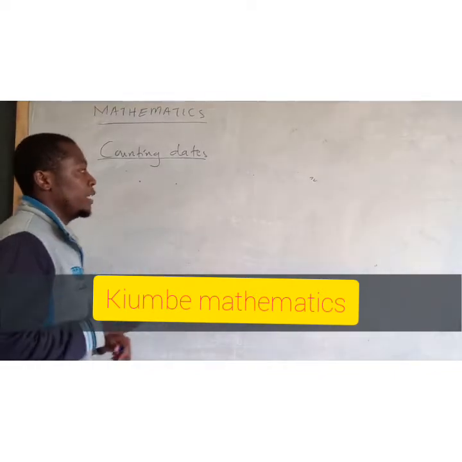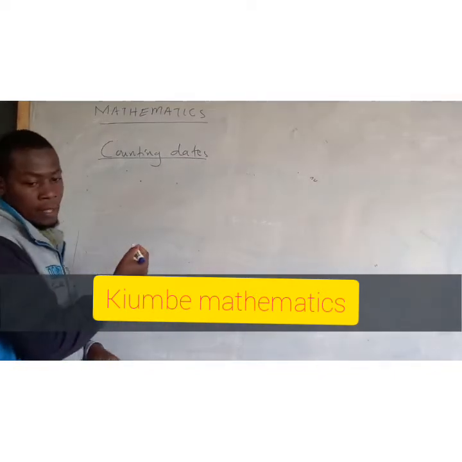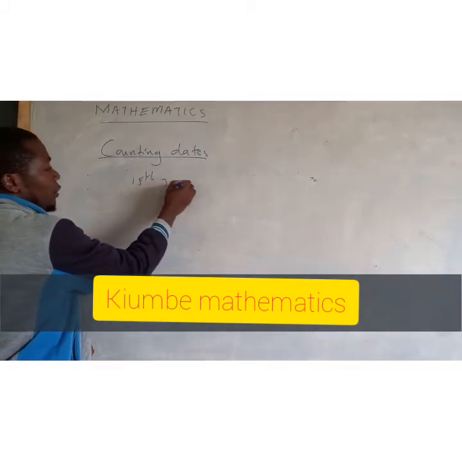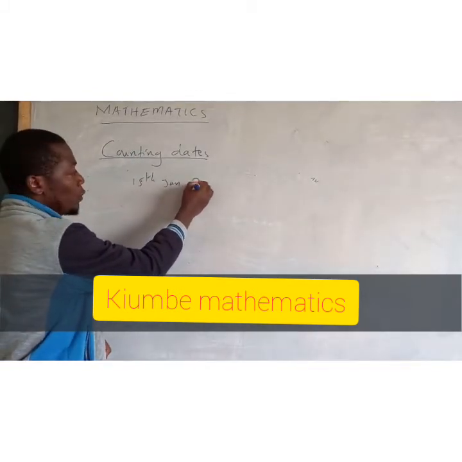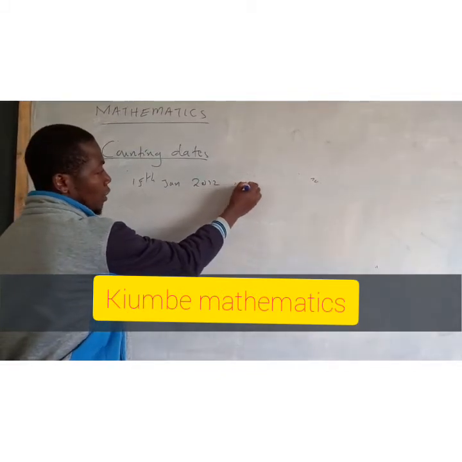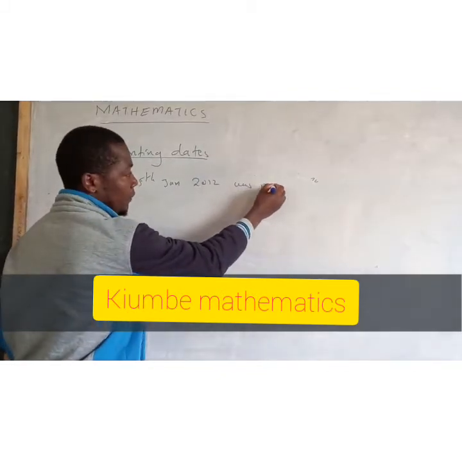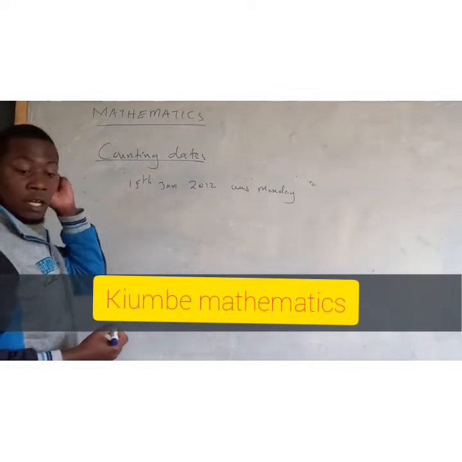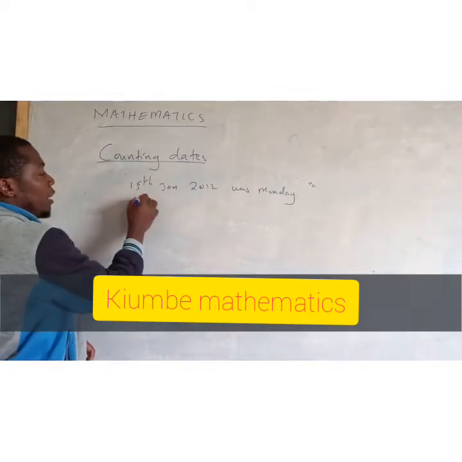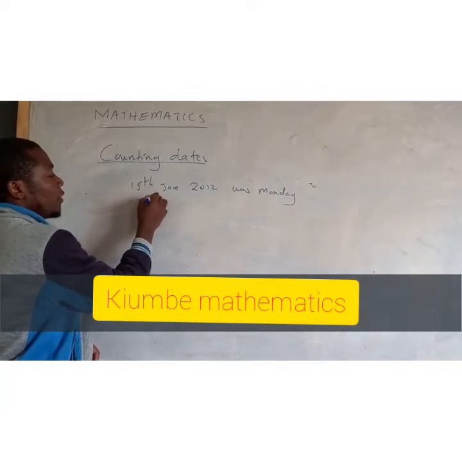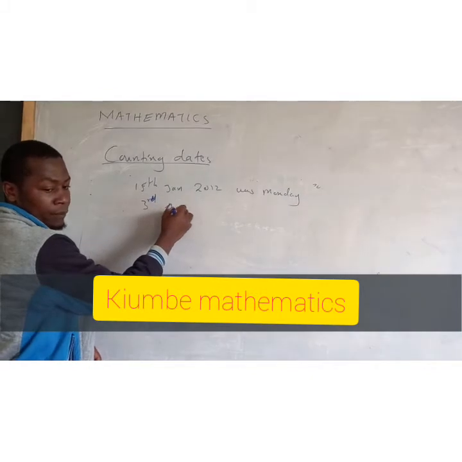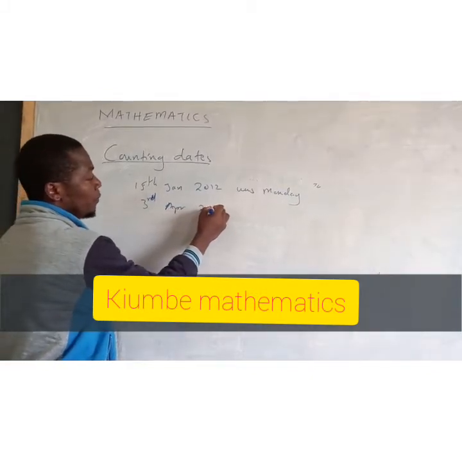For instance, you have been given 15th January 2012, and they tell you it was Monday. Then the question asks, what will be the 3rd of April, still the same year?